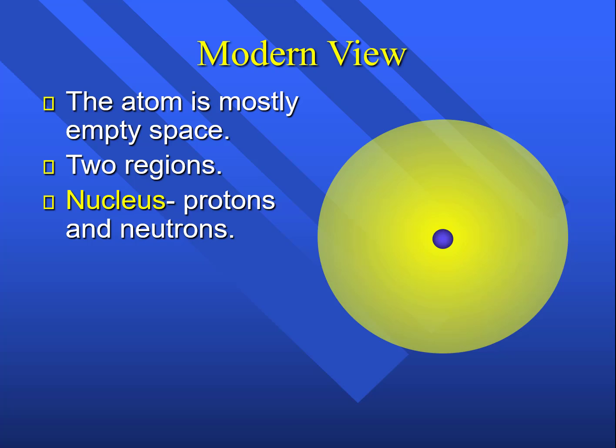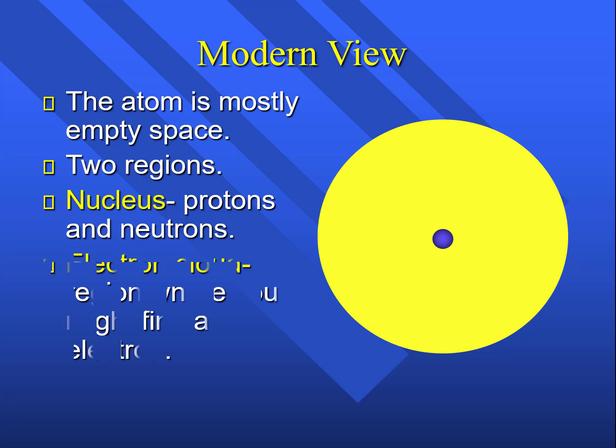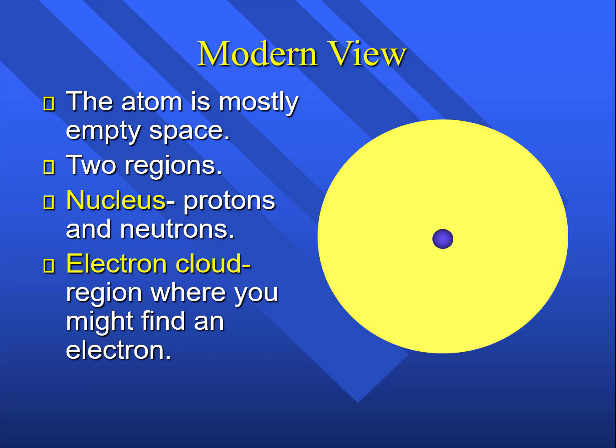If you put all the heavy pieces in the smallest part, it's going to be dense. And then the electron cloud. Electron cloud we're going to define as a region where you might find the electrons, where you have a chance of finding the electrons.